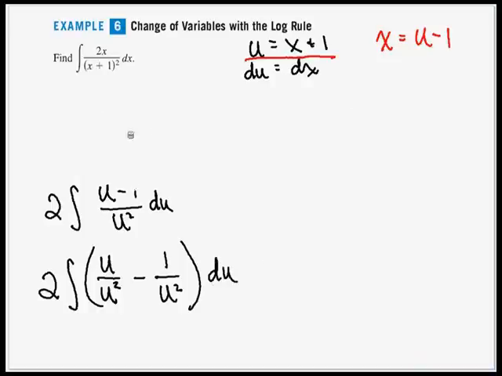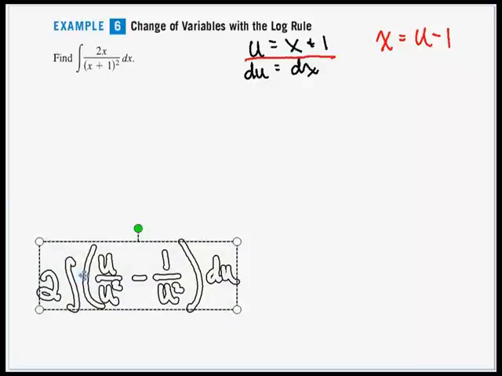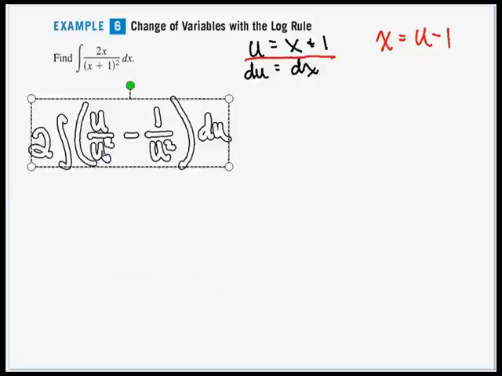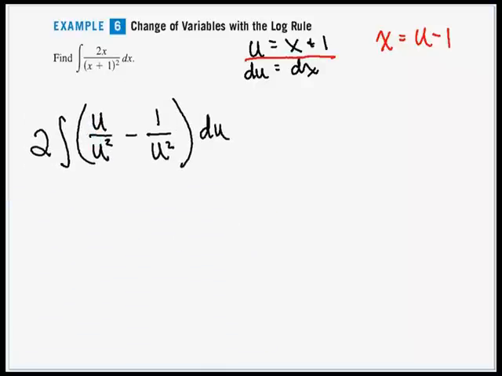Now let's see, that first piece, u over u squared, that can simplify. And also, maybe to make this easier to see, let's break this apart into 2 separate integrals. So we're going to have 2, and the antiderivative of this simplified will be 1 over u du, and we could write that as just du over u, or u prime over u.